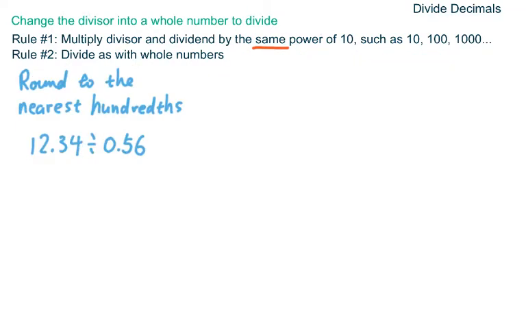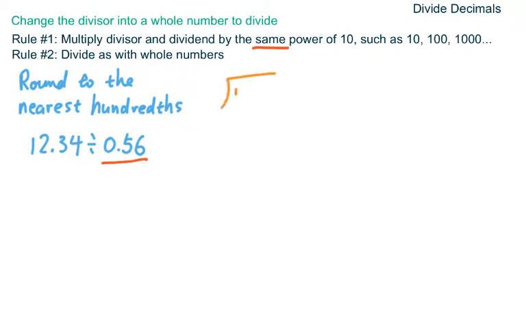The next problem is to divide 12.34 by 0.56. And for the final answer, you want to round it to the nearest hundredth. So to get started, we need to follow rule number 1 first by multiplying the divisor and dividend by the same power of 10 so that the divisor, which is 0.56, is a whole number. We can also show the work using long division.